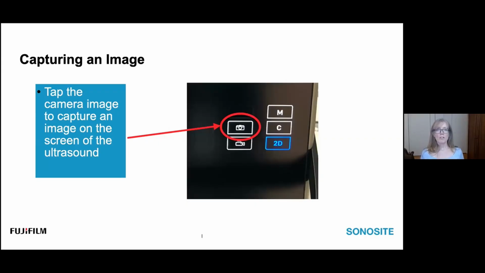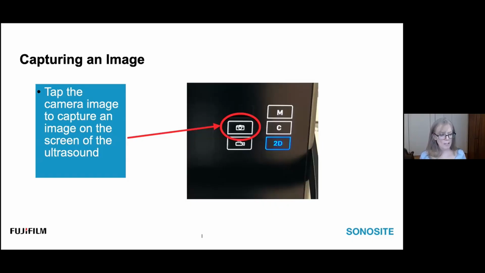In this particular circumstance, you might want to capture a picture so that you can refer to it later in a conversation. You can do that by simply, in this particular model of the Sonosite, pressing the camera button, and it'll capture a picture of what you're seeing on the screen, below which is a picture of a video camera. You would hit that, and it would capture a video clip of a limited duration.